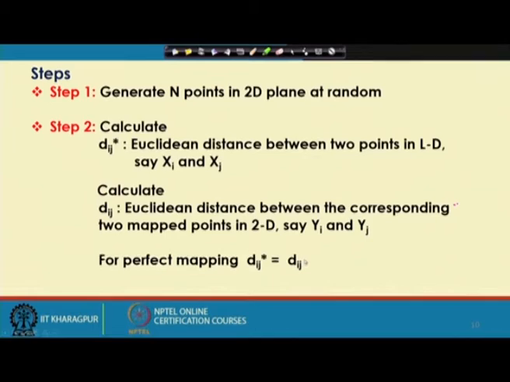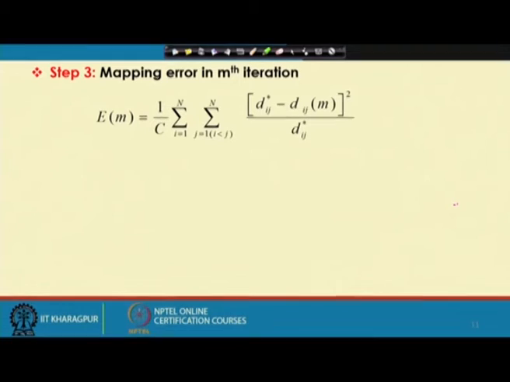So, there will be some error. This error in mapping we will have to minimize using one optimization tool, and generally we use the steepest descent method. I am going to discuss how to use the steepest descent method to minimize this error. But before that, let me explain how to calculate this mapping error.